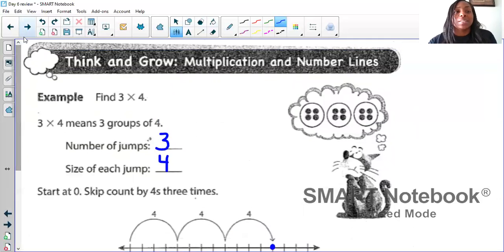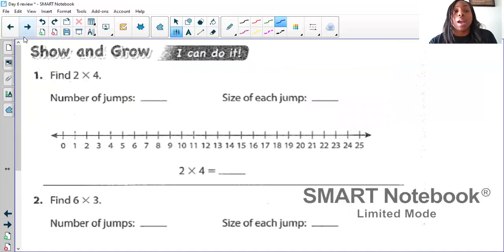Okay. So now that we got that out the way, what are the number of jumps we're going to take? 2. That's right. Okay. So how many numbers are we going to jump over at a time? 4. So all we did was just take that equation, 2 times 4, number of jumps is 2, size of each jump is 4. So where should I start on this number line to solve this?